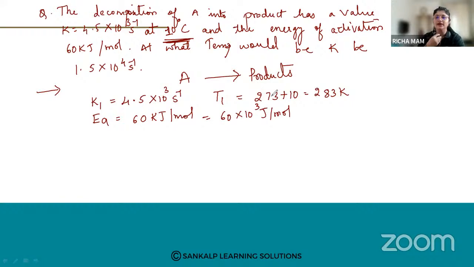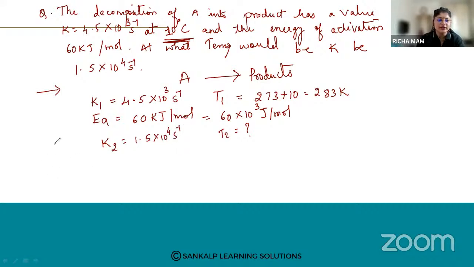Next, at what temperature? We have to find T2. At what temperature would K be, so K2 is given as 1.5 into 10 raised to 4 per second.